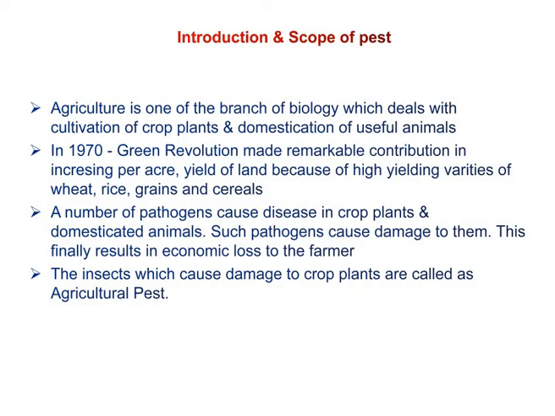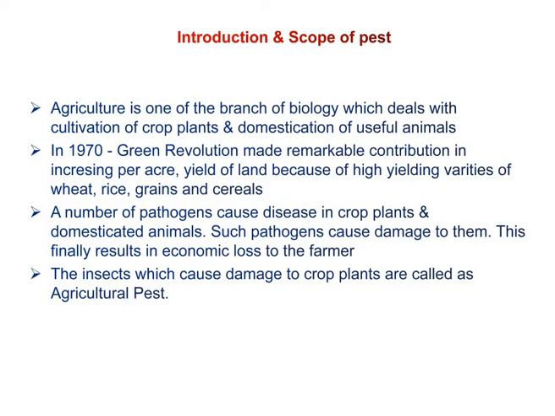But the most important natural enemies of agricultural crops are insects, plant diseases, weeds and weather conditions. Out of these, insects are the most successful group of animals even in adverse climatic conditions.